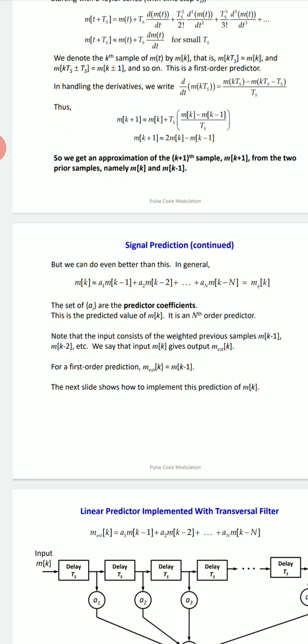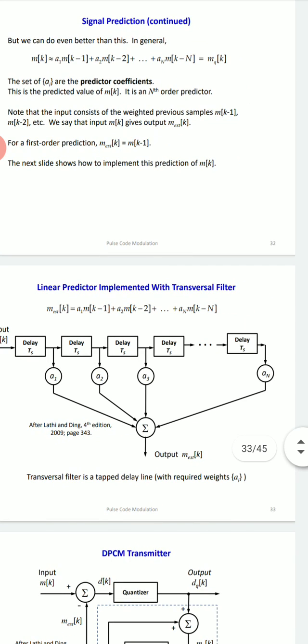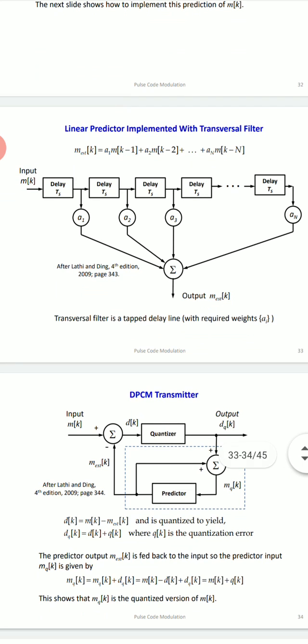For first order prediction, M estimate k will be M of k minus 1. For second order, it will involve M of k minus 2. So we get the predicted value for the nth order prediction. We call this a linear predictor, which is implemented with a transversal filter.